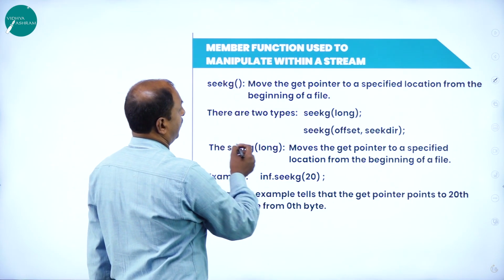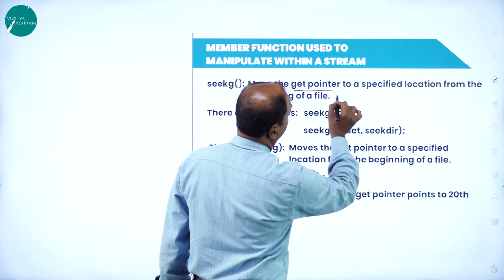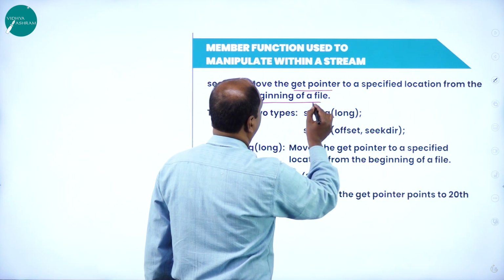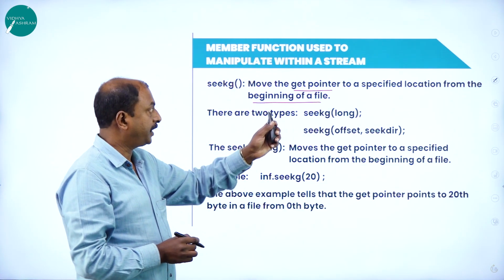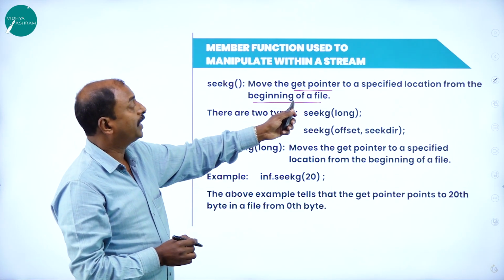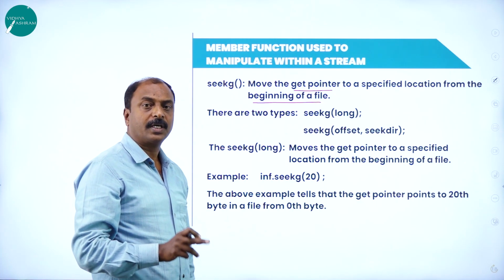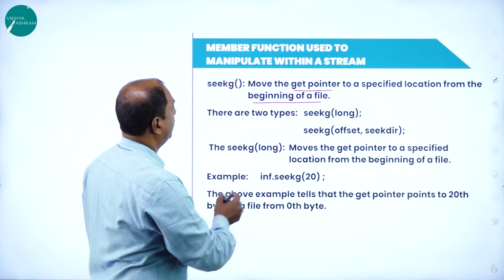Here, seekg is the function that moves the get pointer to a specified location from the beginning of the file. Whenever we say get pointer, it is an input operation. So moving the get pointer to the beginning of the file means it takes the pointer, the control or cursor, to the beginning of the file.